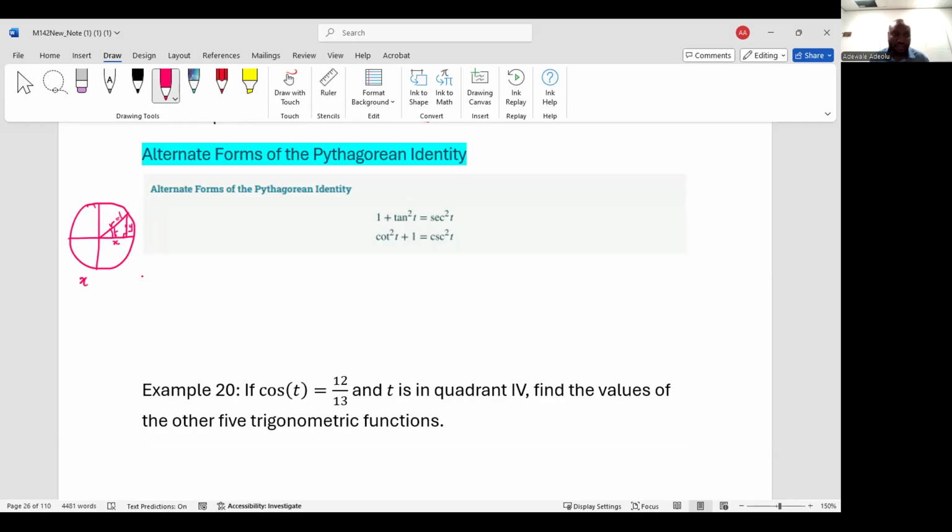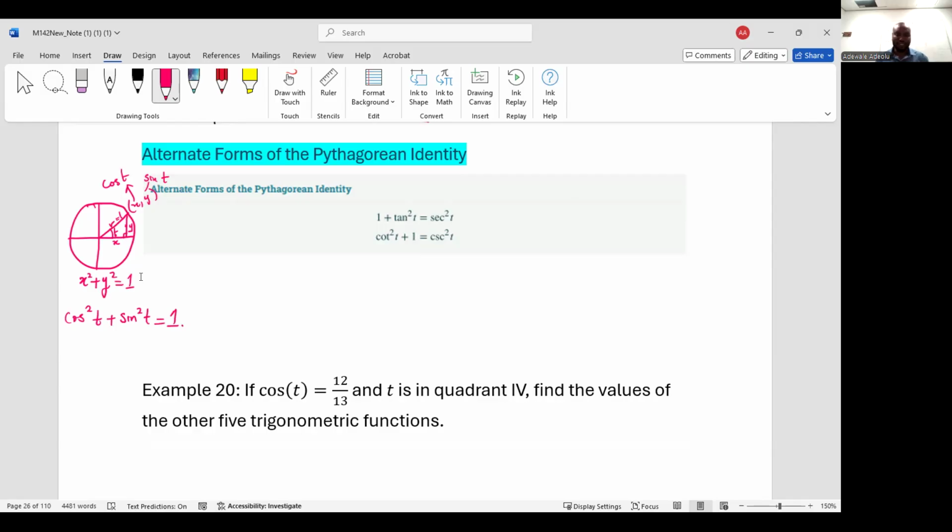And we say x squared plus y squared is 1. And this is x comma y, which is the same thing as cosine of that angle, and this is sine of that angle. Then that means cosine squared of that angle plus sine squared of that angle is 1. And we said this is a Pythagorean identity.